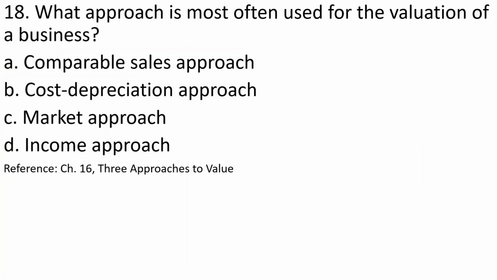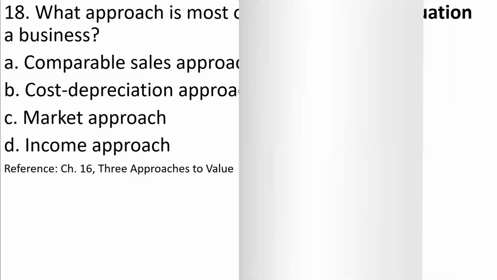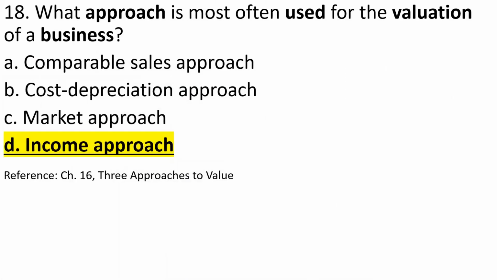Number 18, what approach is the most often used for the evaluation of a business? Here, the answer would be income approach, because when you're evaluating a business, the business value is truly based on the income the business generates.